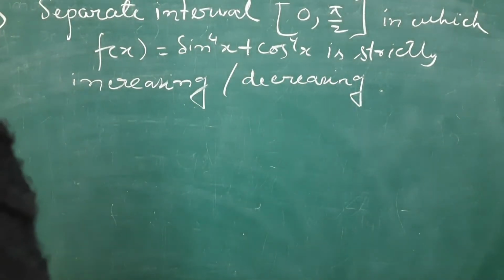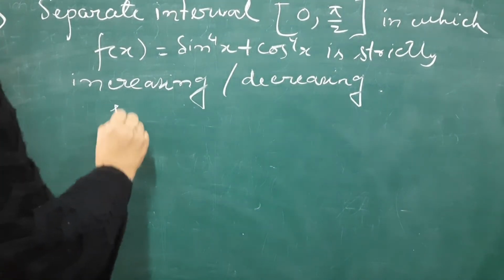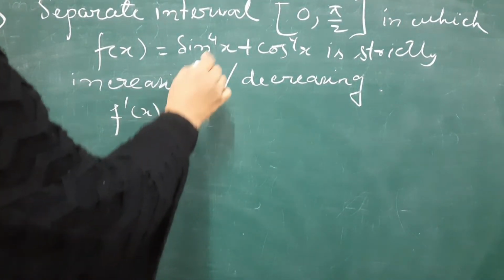So first, f dash x is required to be found.